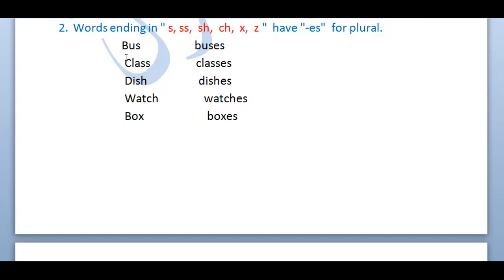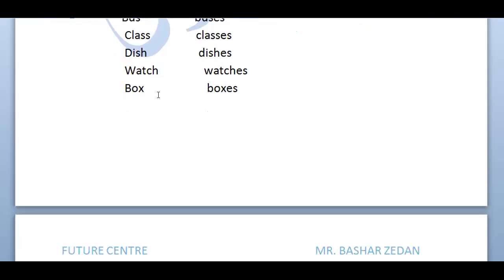So we have examples here: bus, buses, class, classes, dish, dishes, watch, watches, box, boxes. As we see here, we have es at the end of these words to make them in plural form.